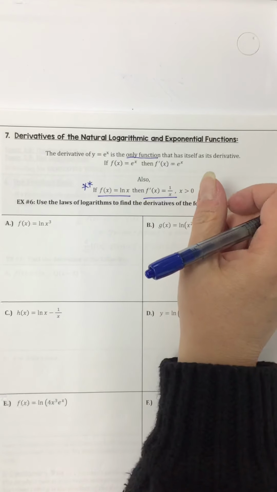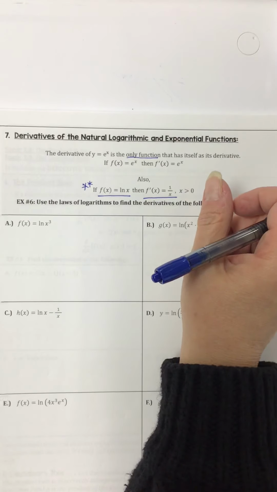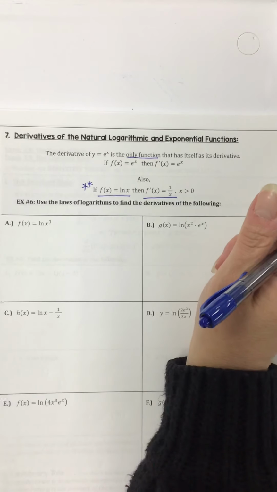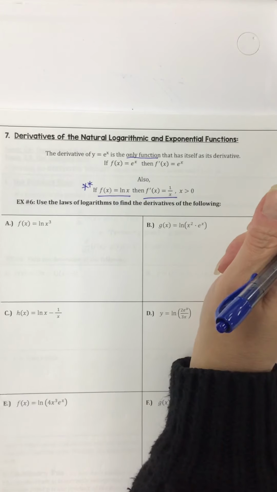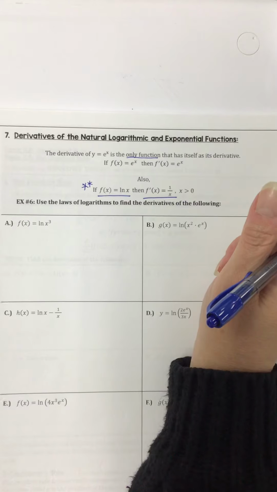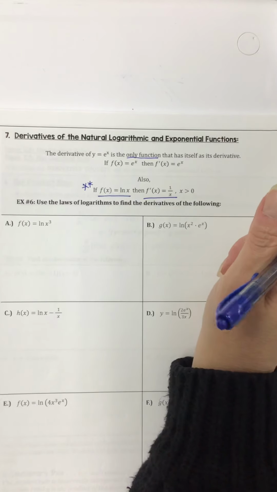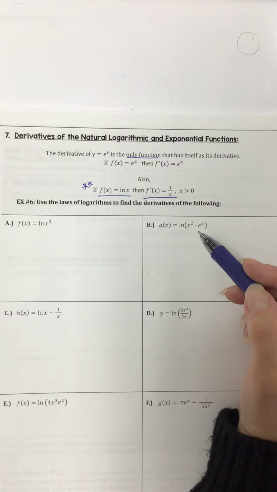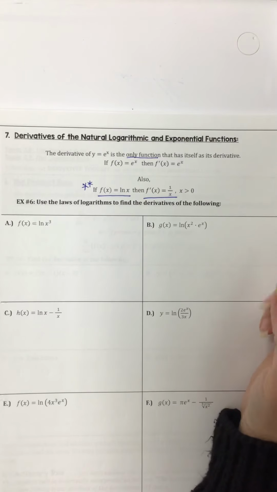Now you have to remember your laws of logarithms. So remember, when you have an exponent, you can take it down in front, right? And when they're multiplied, you can separate them with addition. And when they're divided, you can separate them with subtraction.